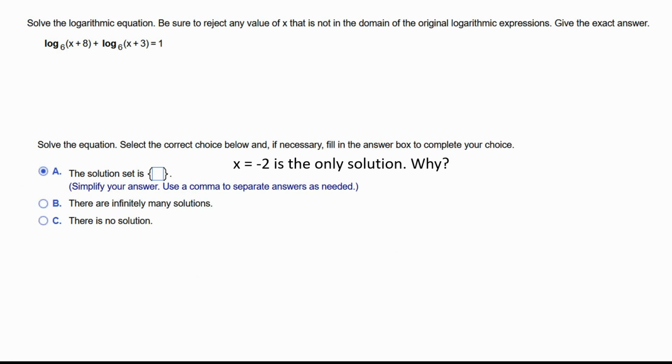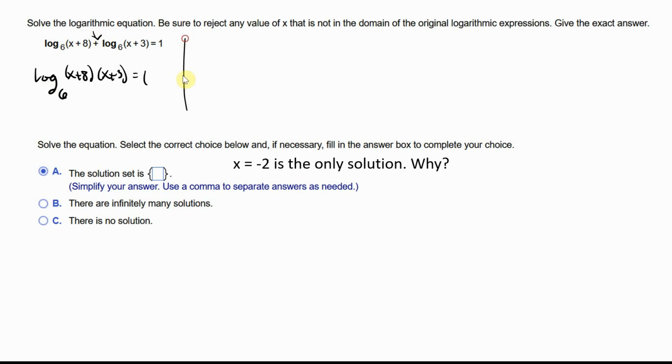All right, here, solve this logarithmic equation. We got to check to make sure that the values will satisfy our domain. All right, let's solve first. So this is log base 6 of x plus 8, excuse me, plus log base 6 of x plus 3 is equal to 1. Remember that plus sign means this becomes the log of the product.